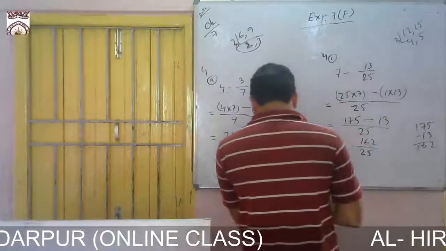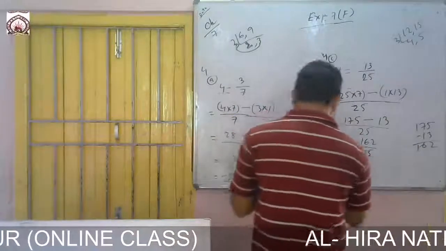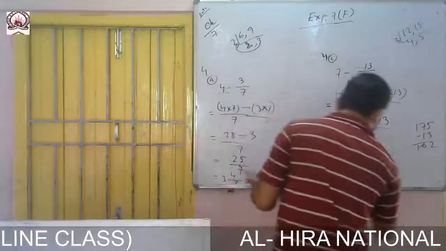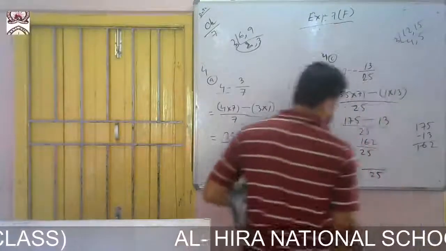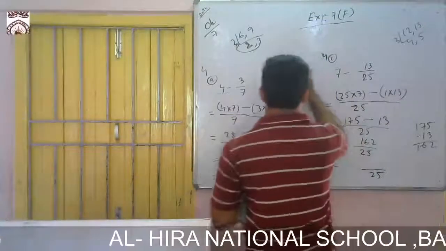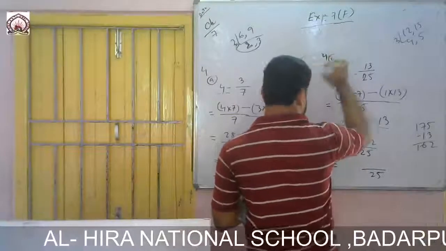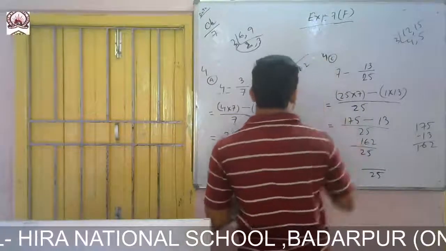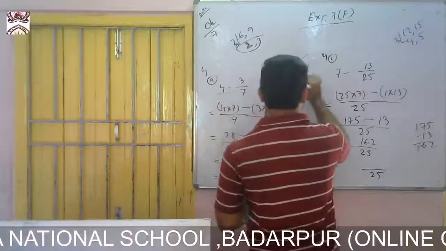So it is coming 162 by 25. So take it into a mixed fraction. So it will be 162 by 25, 25 6s are how much?